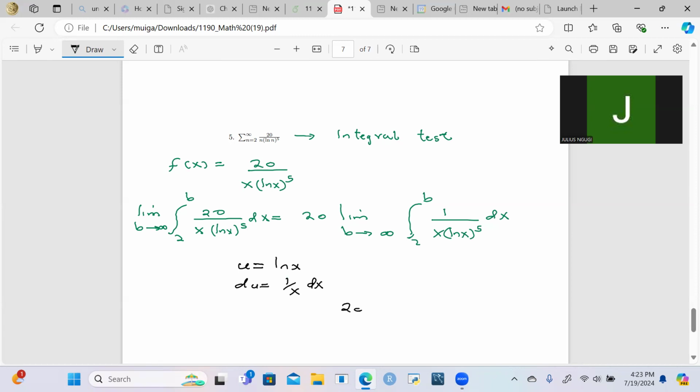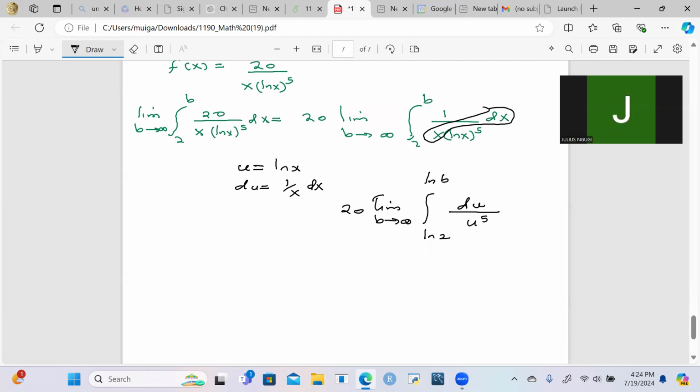That means we have 20 times the limit as b approaches infinity. In this integral, u will change, x will change. So u equals ln of 2 and u equals ln of b here. And then dx over x is my du, divided by u to the power of 5.